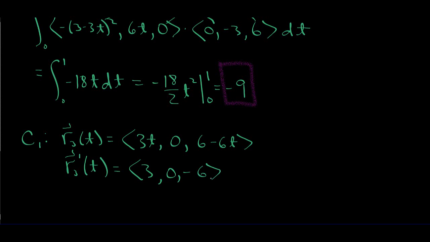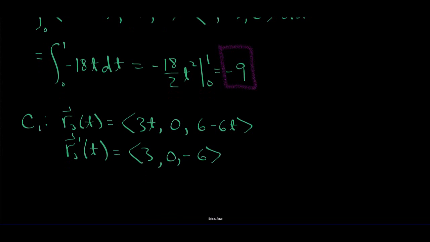Okay, now let's rewrite the function then. I've got negative y squared. So I'm going back now and rewriting the vector field. That's what I'm doing. So I've got negative y squared. Well, that's 0. And then I've got z is the middle term. And z is going to be 6 minus 6t.